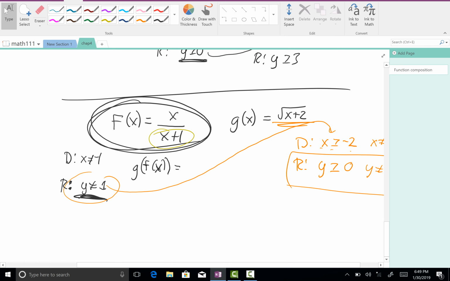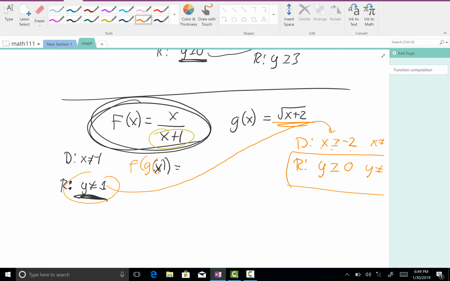I thought we were doing the g of f. I might have had it switched a little bit. Wait, it shows -2. And then this one looks like that.